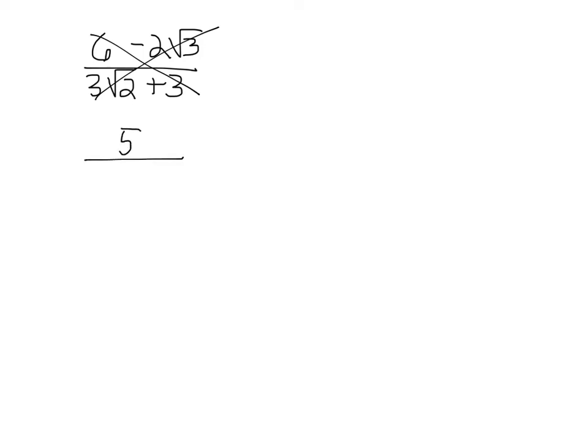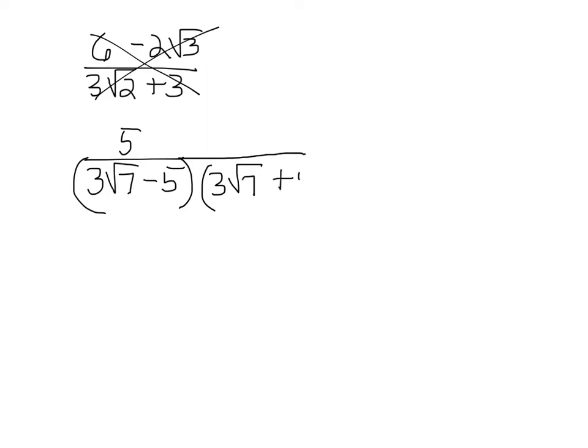5 over 3 root 7 minus 5. Okay, if I need to rationalize a binomial denominator, I multiply it by the same thing, only with a different sign, so just like with the difference of squares, that pattern.